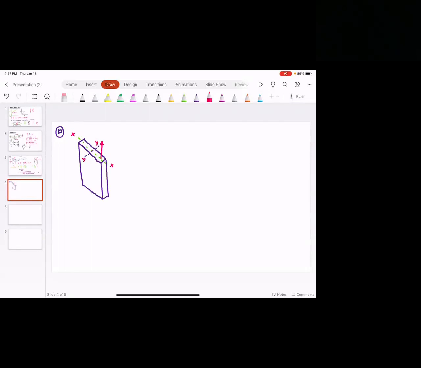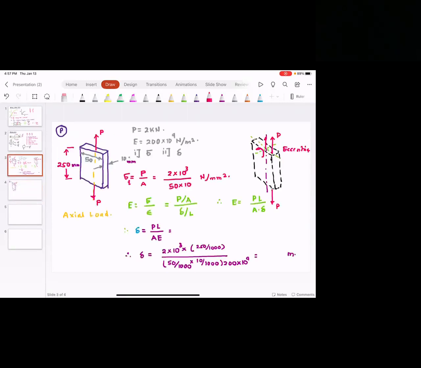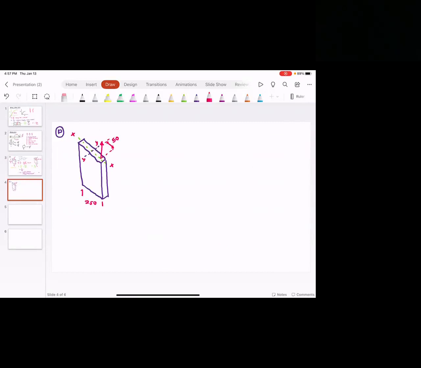So what this means is right now, the load is offset by some amount. Just from a numbers point of view, this distance is 50 millimeters. No, this was 50, so I shouldn't use this. I'll say this is 25. This is 50. This is 250.